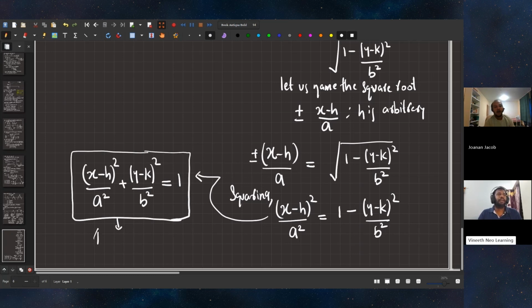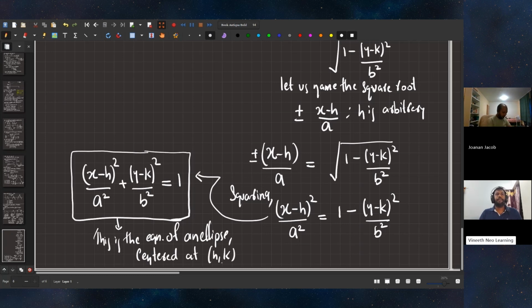This is the equation of an ellipse centered at (h, k). If I just put x, it would be centered at the origin. I just put these values so that I can get a nice result, but even if you put just x, it's still an ellipse.